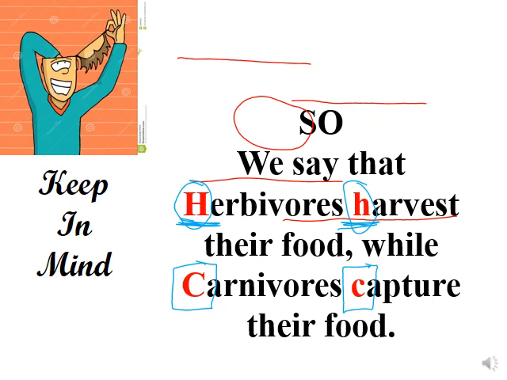From now on, whenever we have a herbivore, it harvests the food, while the carnivore captures the food. Okay, so pay attention from now on. HHCC. HH, herbivores, harvest. And CC, carnivores, they capture.